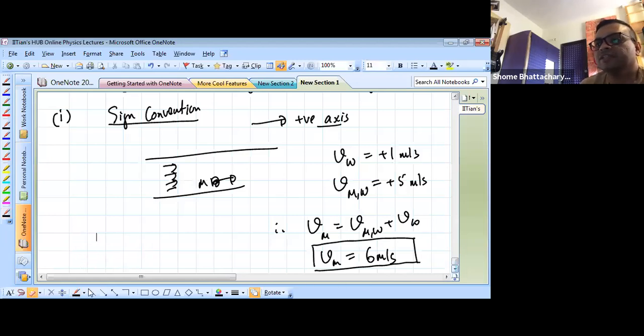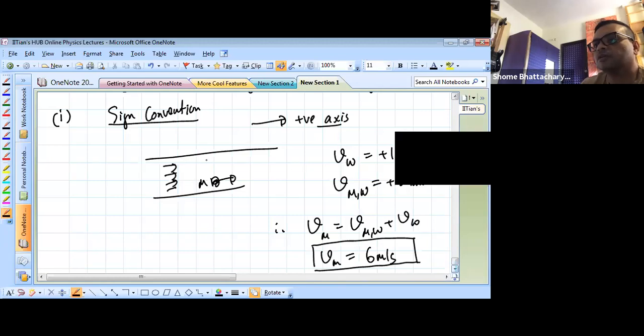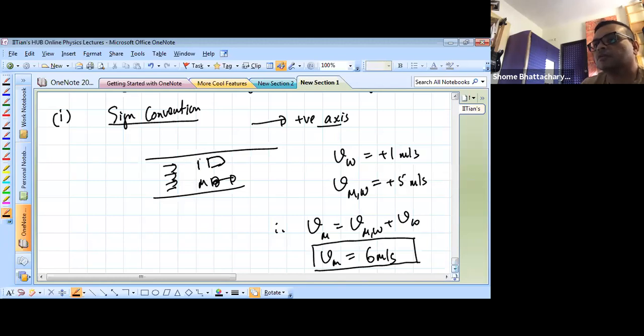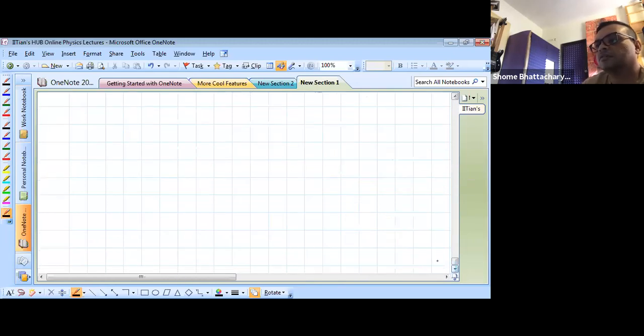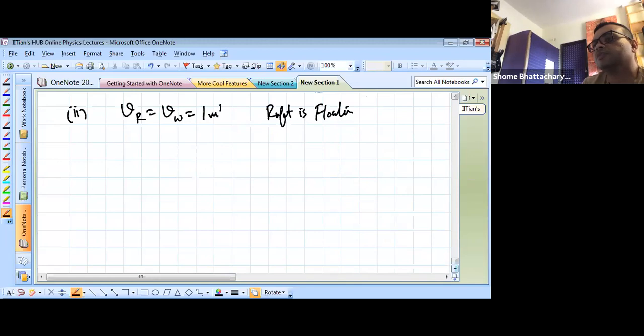Okay. Whereas the raft is floating on the water. Okay. So what velocity does the raft have? Second part. The velocity of the raft is nothing but the velocity of water only, because the raft is floating. So that is equal to 1 meter per second.